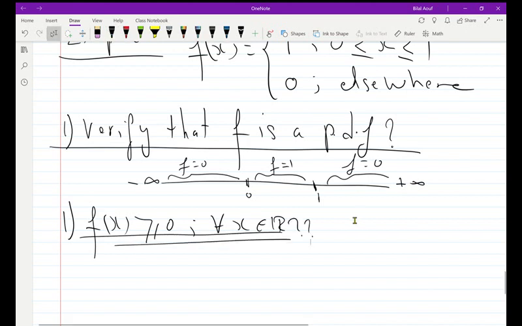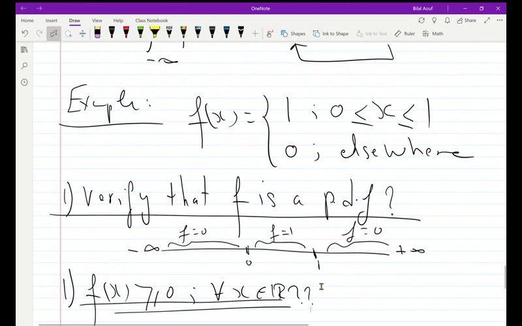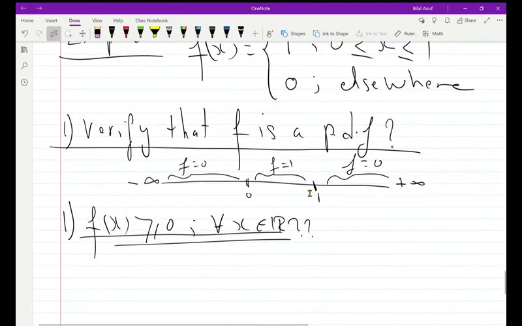In this example I can split x into 3 intervals: 1, 2 and 3. Since I'm talking about x belongs to set R, it means x between minus infinity and plus infinity, divided into 3 intervals.